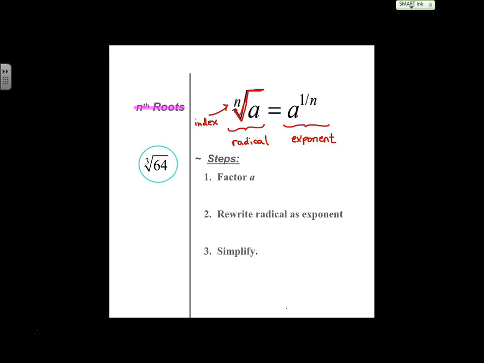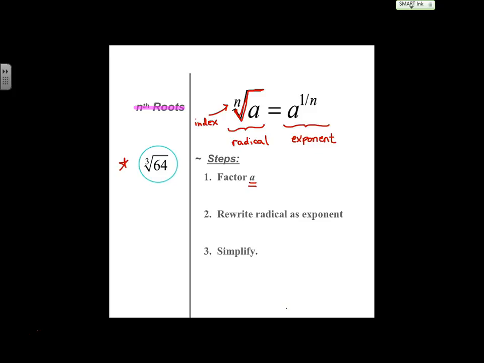Now, the steps for how to simplify a root. Do you see this example over here to the side? The cube root of 64. The very first step is we take whoever is under the root and we factor. We try to remember the numbers that multiply to be the number under the radical.